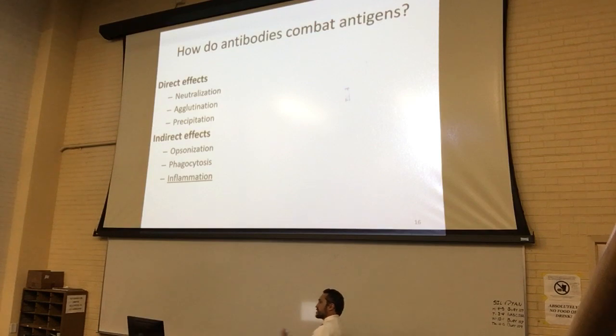So these are the ways antibodies act directly: neutralization, agglutination, and precipitation. Then there are some abilities for indirect effects, where the antibody is going to cause something else to act. Okay, so these direct effects, the antibody is responsible for directly. So think about precipitation. That's probably a more difficult concept to visualize.